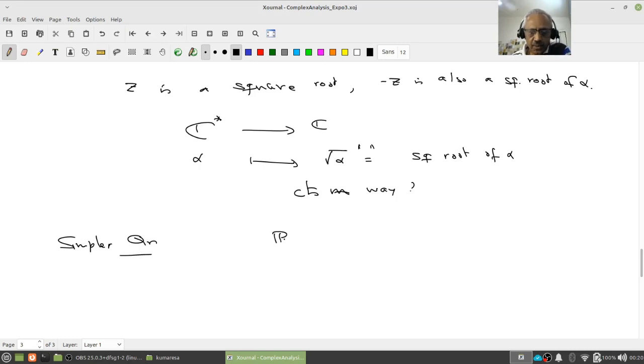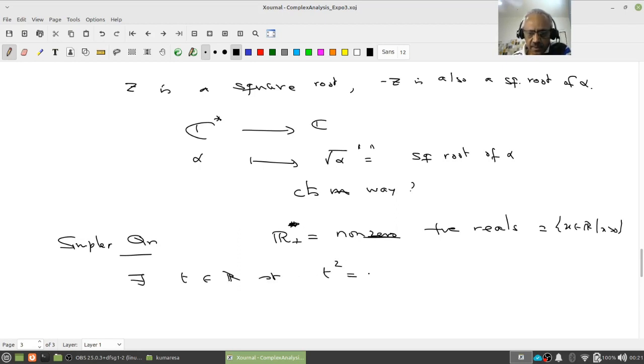Suppose I have R plus, the positive reals, that is the set of all x in R such that x is positive. Then I can ask whether there is a t in R so that t squared equals x, given any x in R plus.